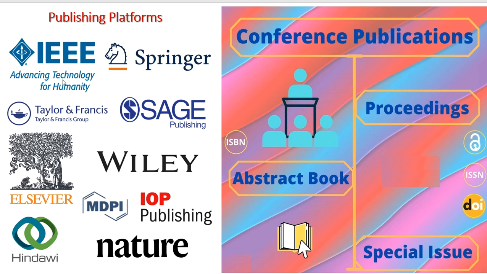If you want to publish your paper through IEEE, Springer, Francis and Taylor, SAGE, Elsevier, Hindawi, Wiley, MDPI, IOP Publishing, or Nature, these are some of the finest publication platforms. If you want to publish your paper, the organizing chairs approach Springer or other publication platforms for conference publication mode.